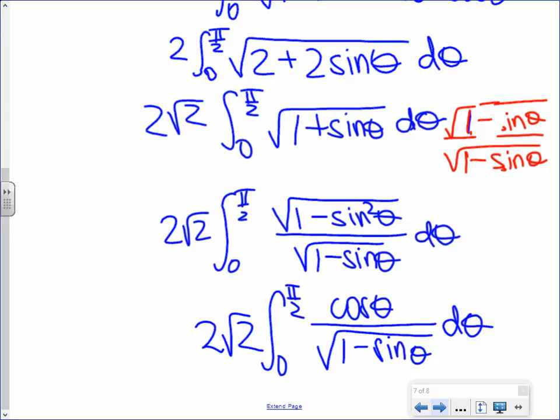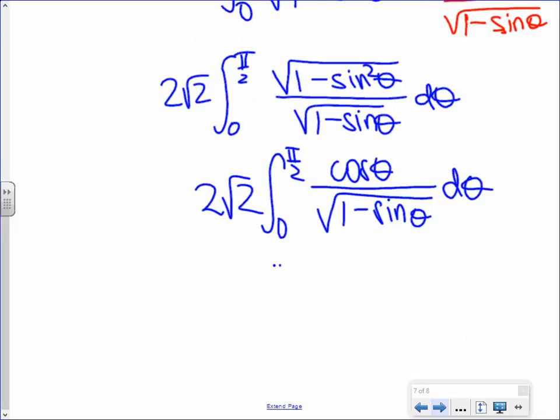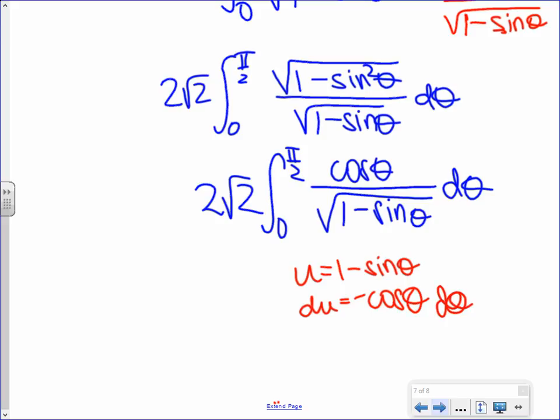So, Isaac Warner, what did you say we would have to do? We would have to do some u substitution where u is 1 minus sine theta. Du is negative cosine theta.